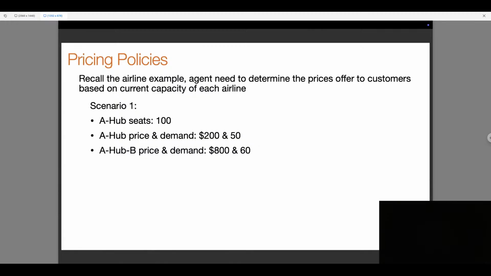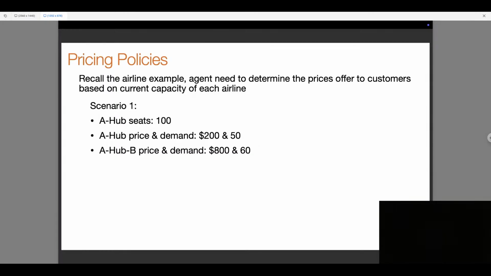Consider an example now. For scenario 1, we have 100 seats for the A2 hop leg. The price for the A2 hop is $200, and the demand now is 15. The price for A2 hop to B is 800, and the demand is 16 now.